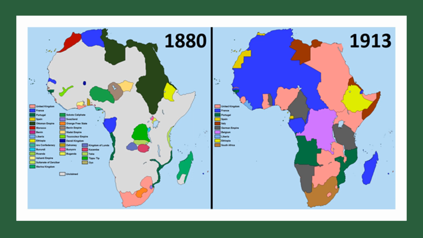One of the major themes here is that the creators of the Berlin Conference, Otto von Bismarck of Germany, amongst others, had very little regard for the existing ethnocultural boundaries that were in Africa at the time. So basically you're just drawing it up however you want, and if it means putting two ethnicities or nations inside of a new country that might cause conflict, European powers didn't really care.